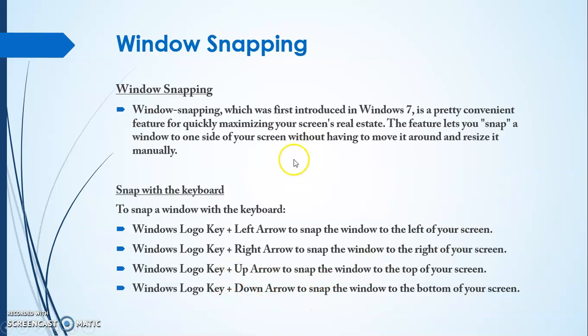Up arrow snaps to the top of the screen, and the down arrow snaps to the bottom of the screen. So the four arrow keys along with the Windows key will help you snap windows quickly from one side of your screen to the other. I hope you understood what I am trying to say.